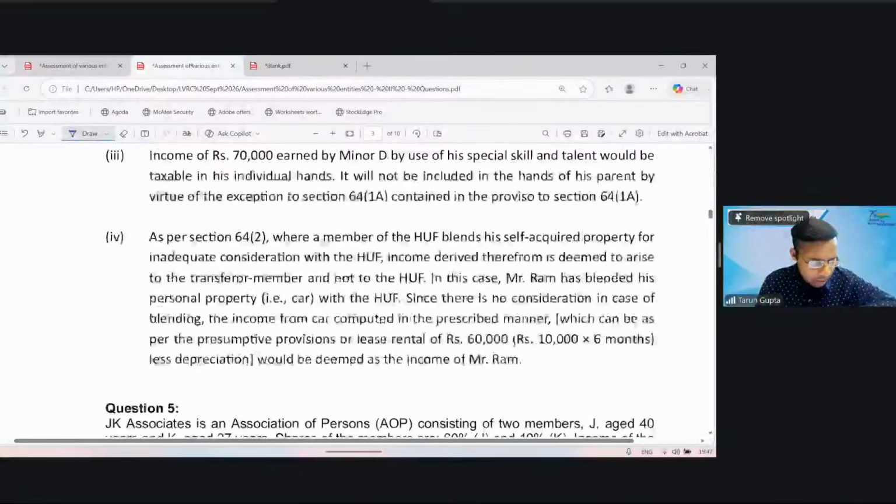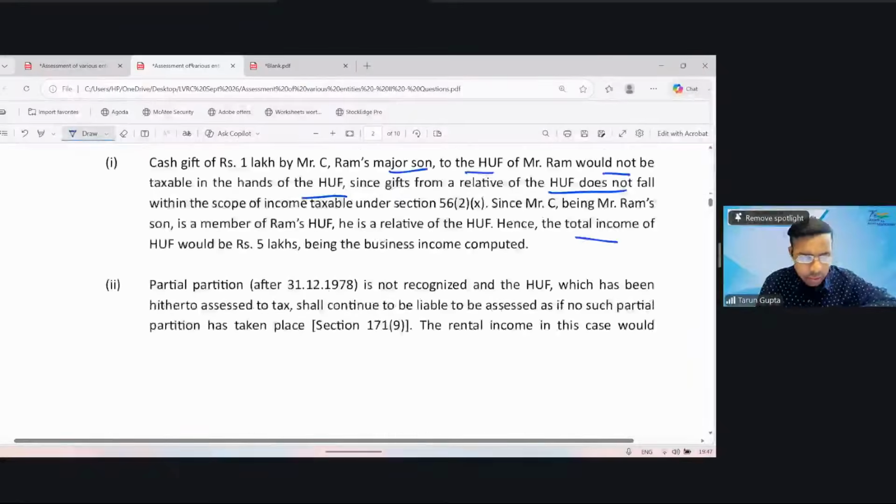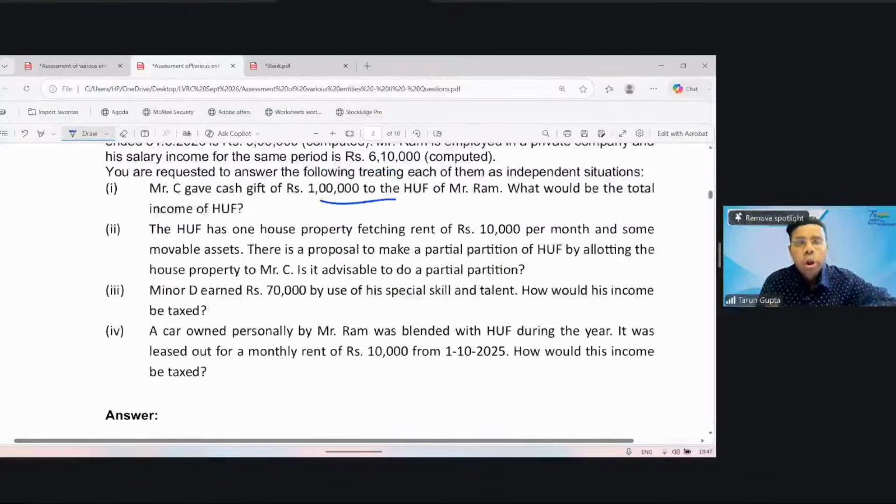Now the second part says the HUF has one house property fetching rent of 10,000 per month and some movable assets. There is a proposal to make a partial partition of the HUF by allotting the house property to Mr. C. Is it advisable to do a partial partition?